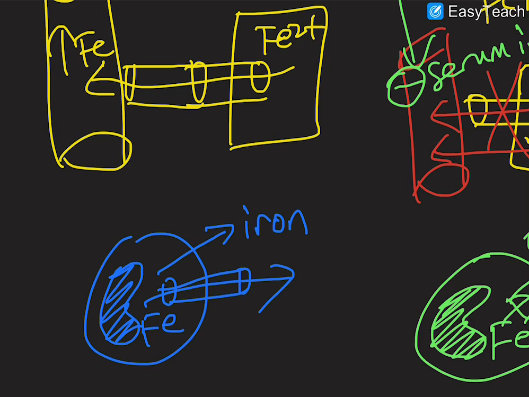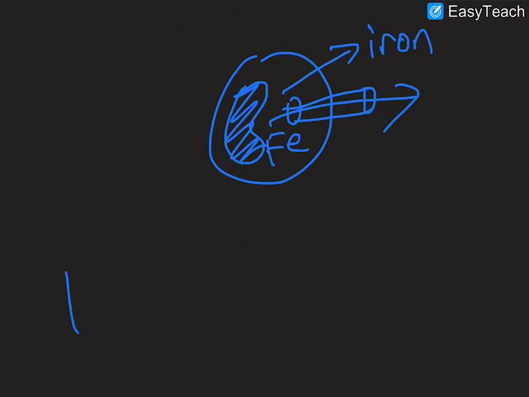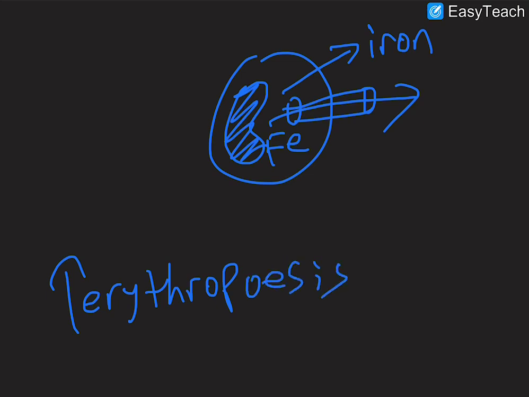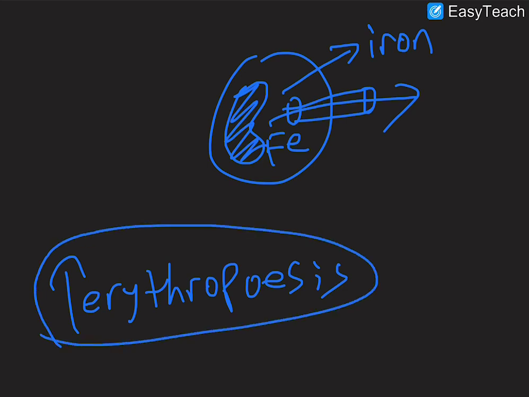Now, if you have increased erythropoiesis, for example, let's write this down, maybe because you lost blood or you have anemia, so your bone marrow is trying to produce more red blood cells, you would want ferroportin to work.